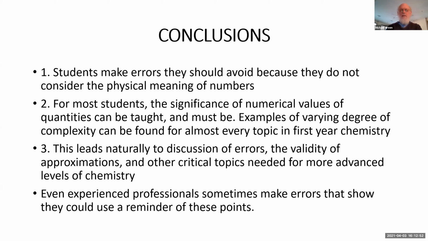And this also leads to a discussion of errors, which are critical in science, and understanding just how accurate your answer is and how accurate it is with respect to what you actually need. And even experienced professionals sometimes make errors that show they could use a reminder of these points.